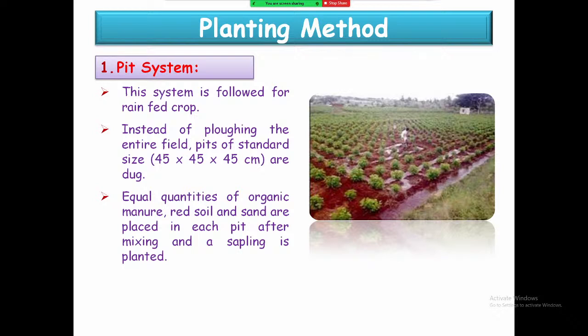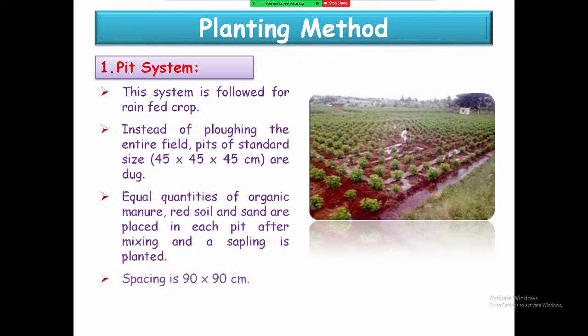Before planting the sapling, mix well, and then you can plant the sapling in that particular pit.